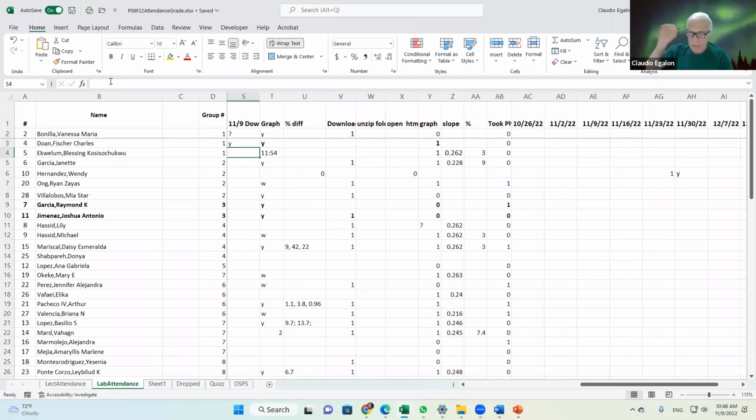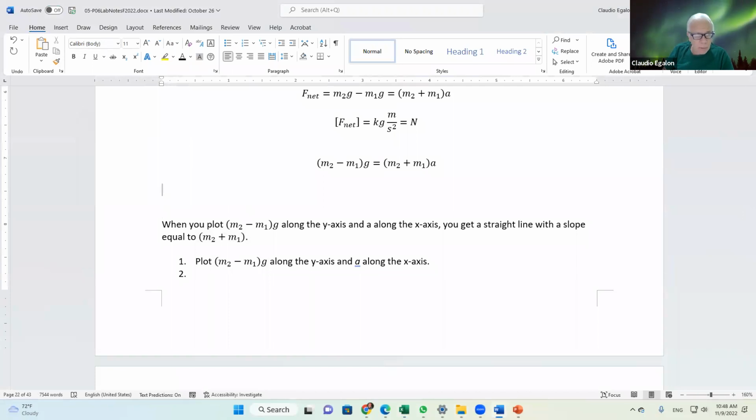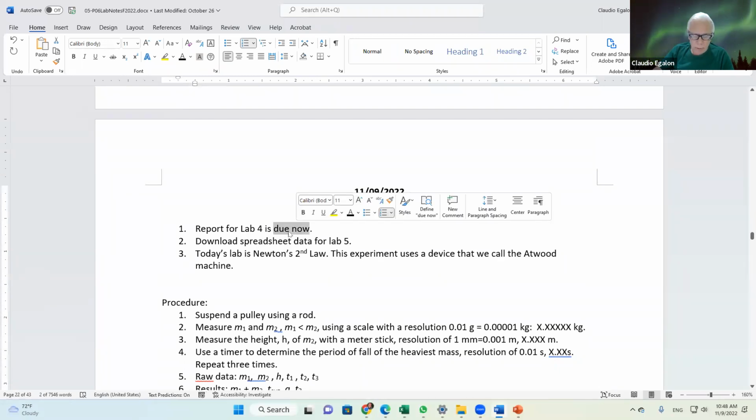And by the way, I'm gonna give you a break for lab number 4, okay? Since I didn't correct lab number 2 and lab number 3. Well, every time that I fall a little behind with the other lab, I give you a little bit more time for the other labs, okay? So let's put here at the top: report for lab 4 is postponed, is due next week, okay?